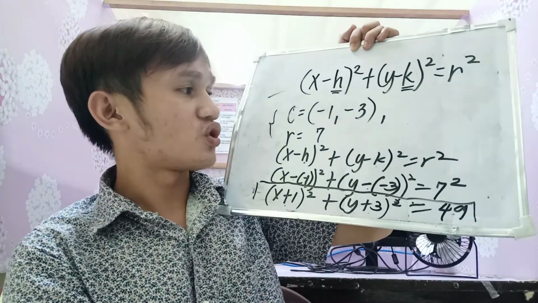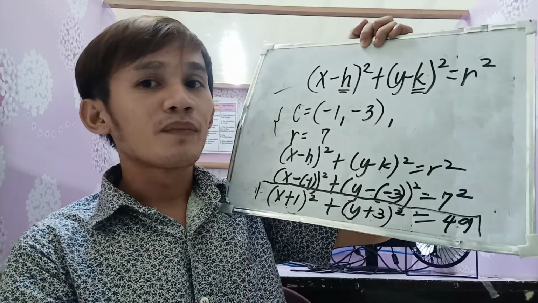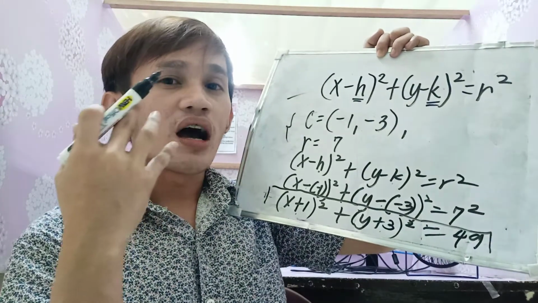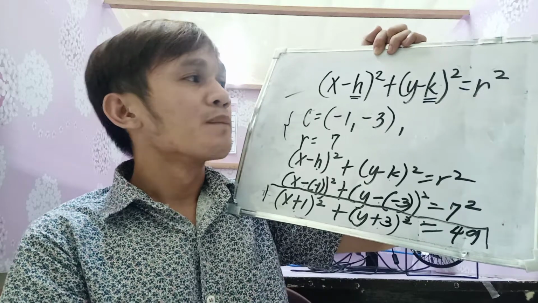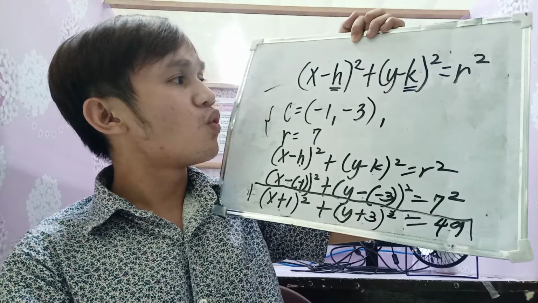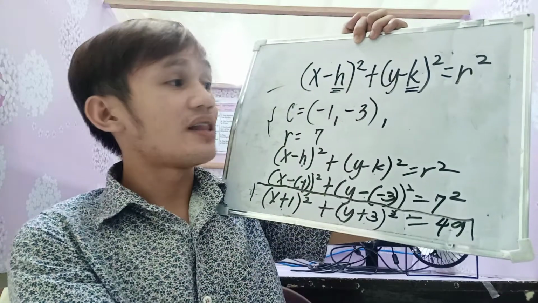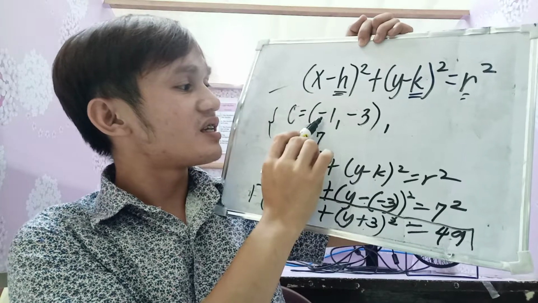Okay? So another technique is that even without writing, we can actually directly say the standard equation of the circle. How? You just simply need to change the signs of h and k and then get the square of your r. In this case, this is −1.